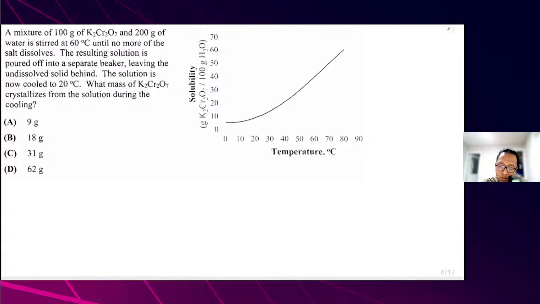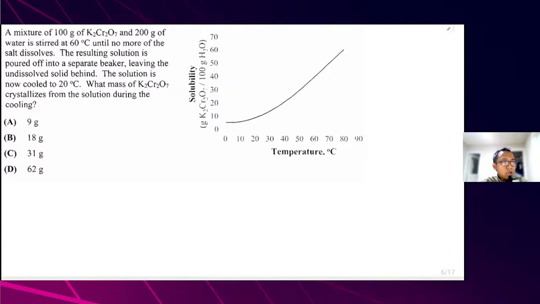A mixture of 100 gram and 200 gram is stirred at 60 degrees Celsius until no more of the salt dissolves. The resulting solution is poured off into a separate beaker, leaving the undissolved solid behind. The solution is now cooled to 20 degrees Celsius. What mass crystallized from the solution during the cooling? This is the data of that one.